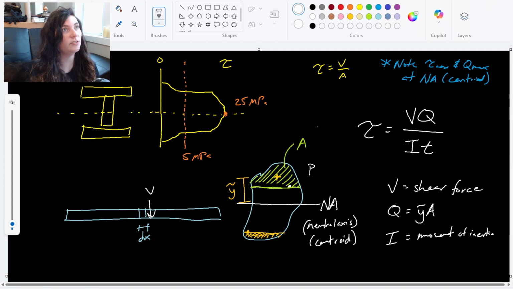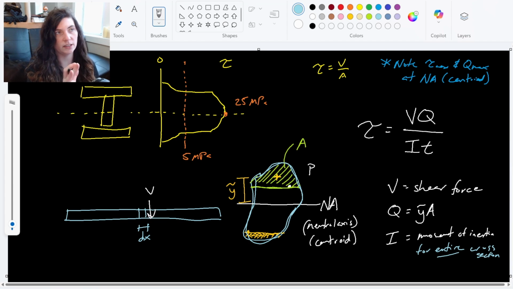It's the moment of inertia for the entire shape, not just the shaded region, the entire cross-section. So it's not going to change. Our Q value can change, but our moment of inertia is the same for whatever that cross-section is. No matter where we take it on this beam, assuming this cross-section is constant, moment of inertia is going to be the same.